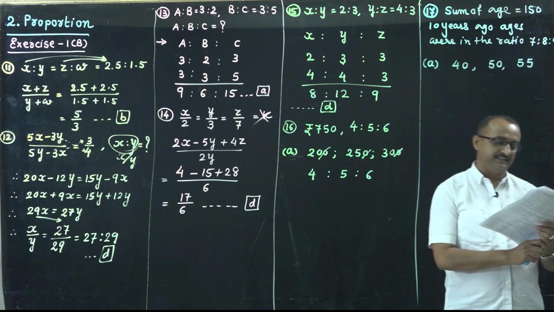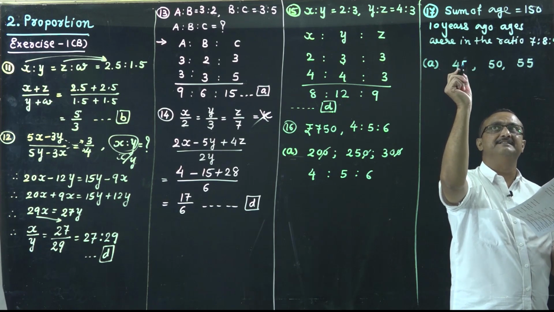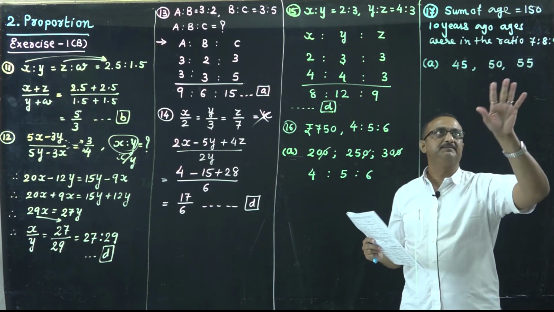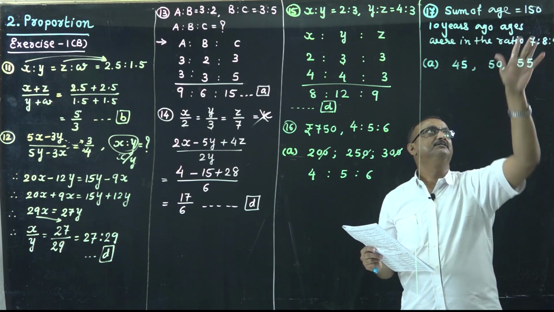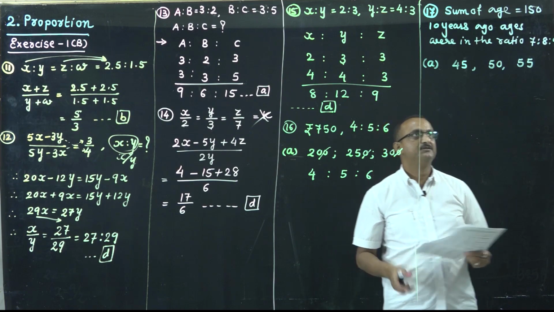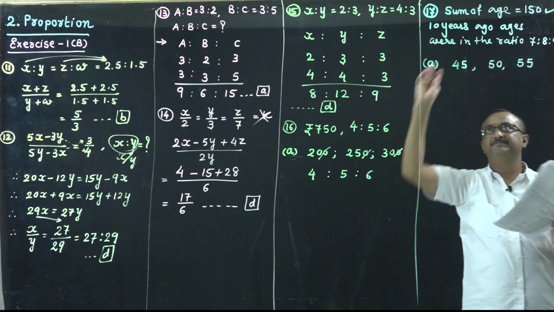Instead of 40, 45 is given. Okay, now check the total. 45 plus 50 plus 55 equals 150. So our first condition is satisfied here. Sum of ages of 3 persons is 150 years.